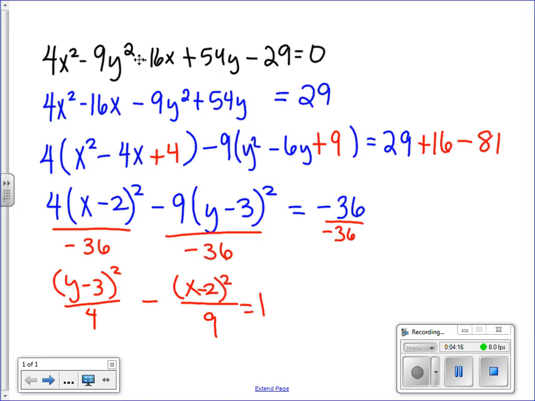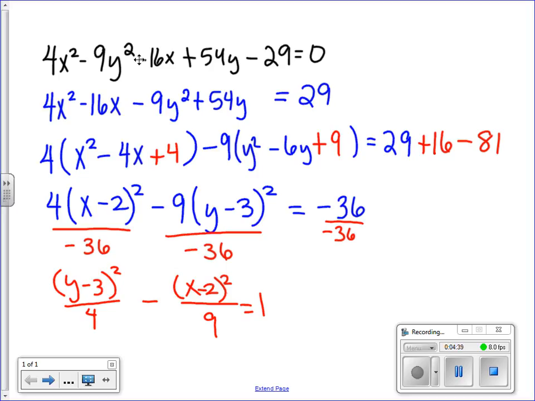How do you get the 4 when you divided by negative 36? How do you get 4 and then x minus 2 squared? Here, two numbers that multiply to equal a positive 4, and add to equal a negative 4: negative 2 and negative 2. Two numbers that multiply to equal a positive 9, but add to be a negative 6: negative 3 and negative 3.